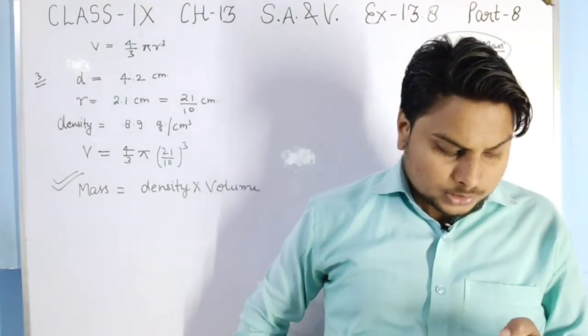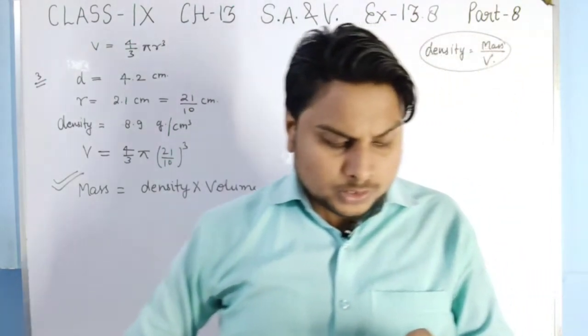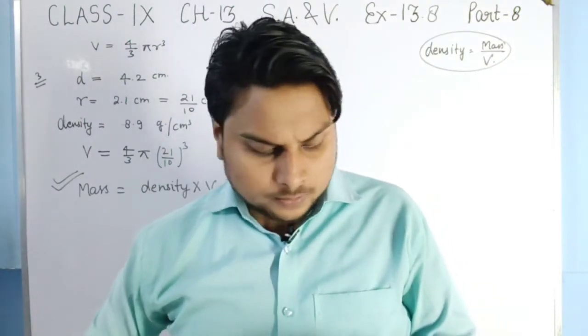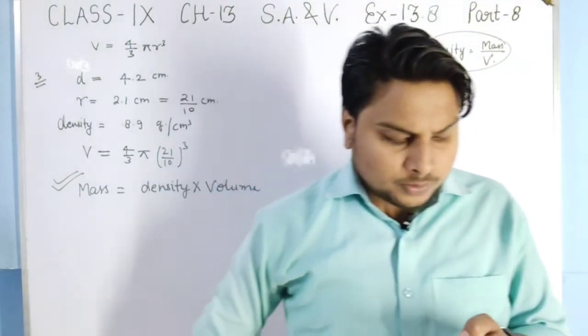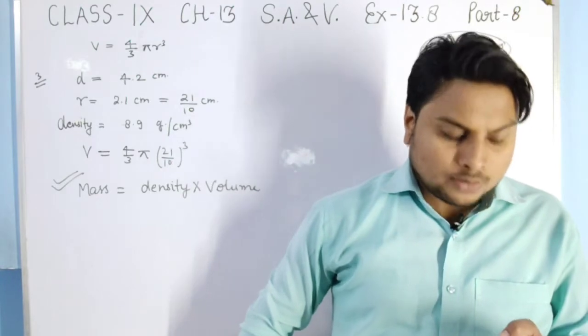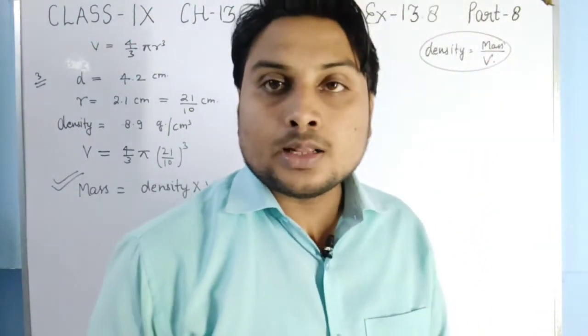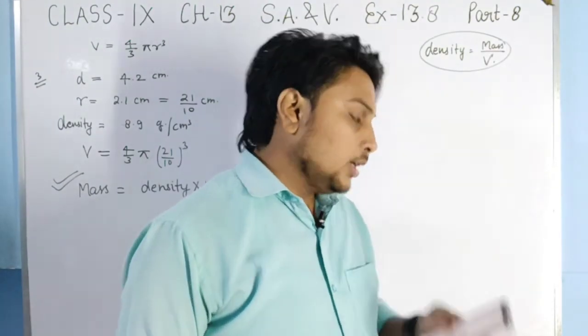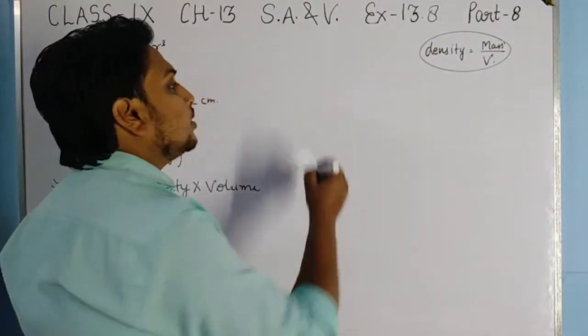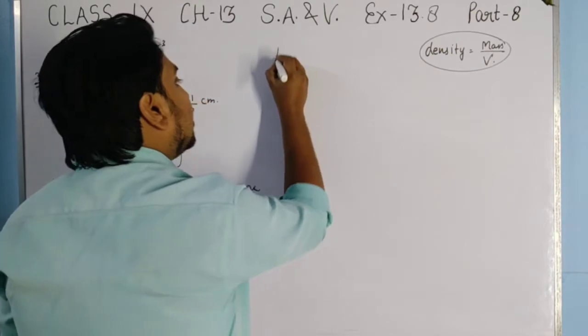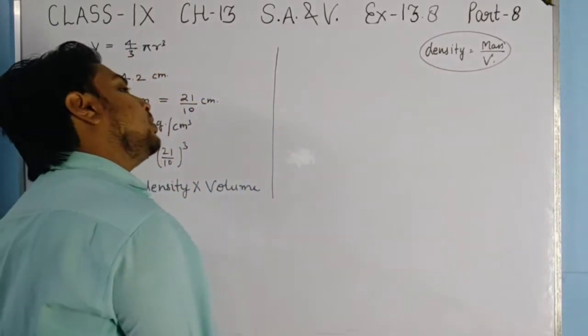Coming to the next question, question number 4. The diameter of the moon is approximately 1/4 of the diameter of the earth. What fraction of the volume of the earth is the volume of the moon? Try to understand the language of the question. It is the same as I told you in the question related to surface area.